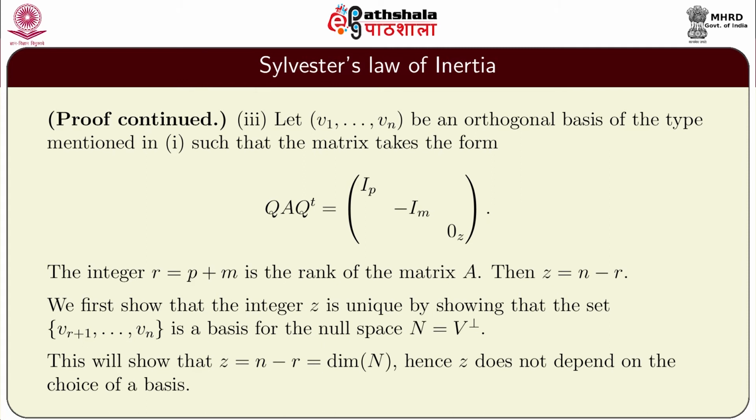What we are trying to prove is that these integers are invariants for the symmetric matrix or the symmetric bilinear form. That means, for any choice of basis, these numbers do not change. We first show that the integer Z is unique by showing that the set of vectors Vr plus 1 and so on up to Vn is a basis for the null space N, which is V perp.